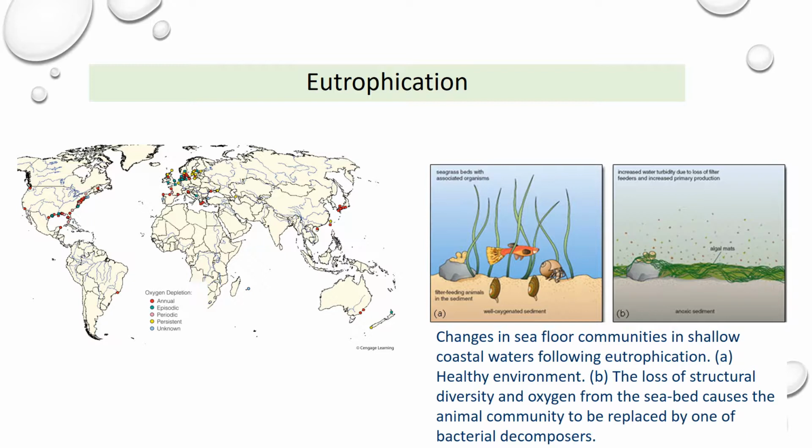And in B, if you have a lot of algae growth on top of the surface, this will rain down to the ocean floor, will destroy the structural diversity on the seafloor, and it will use up the oxygen by the decomposition. And so the animal community will be replaced by the one of bacterial decomposers.